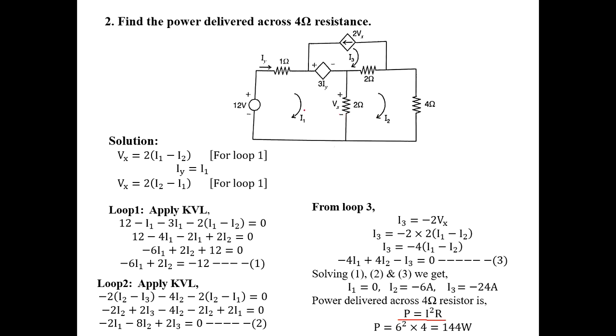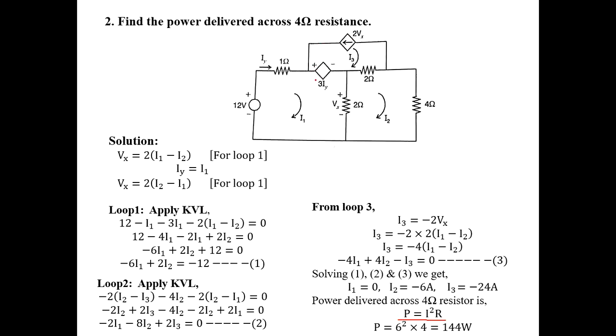In this mesh method, first we have to check whether our circuit is having voltage or current sources. Here it is having 12 volt, no problem, voltage. Here also, this is the symbol of a dependent voltage source, so no problem. Here we are having the arrow, which represents a current source.